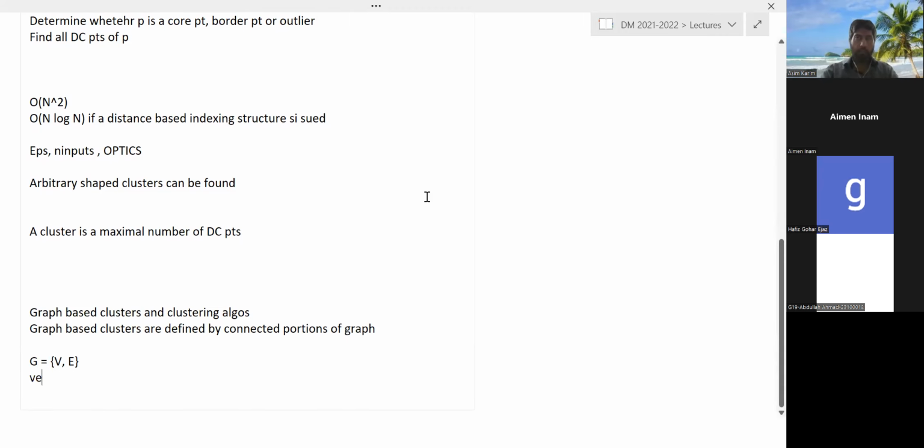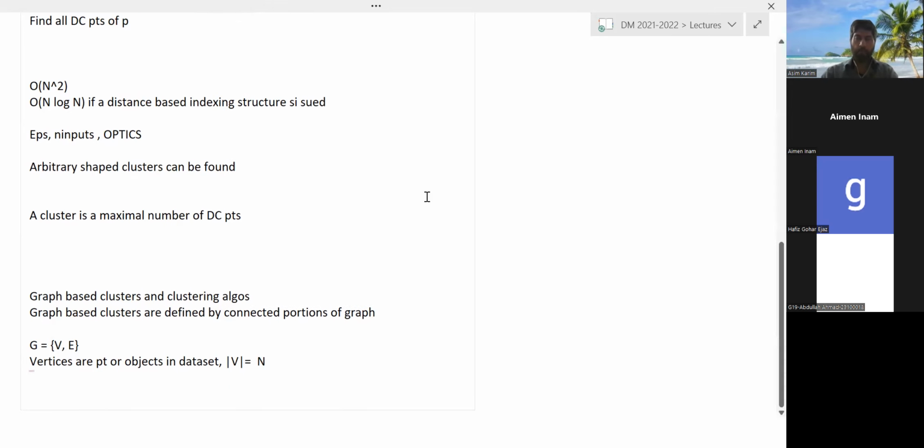So in our case, vertices are points or objects in a data set. Okay? So the size of the vertices set would be equal to n, which is the number of data points.